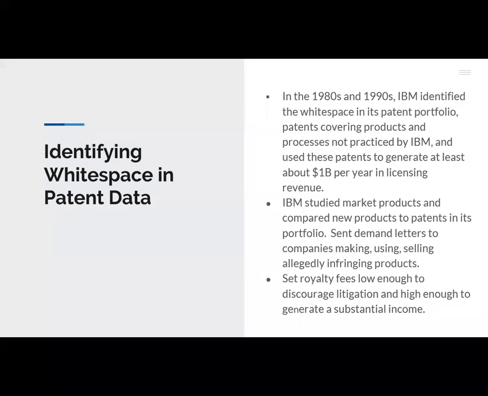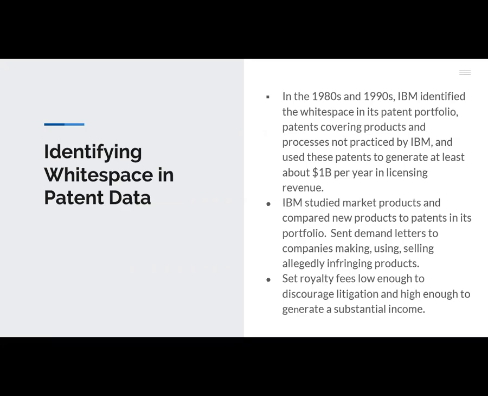In the 1980s and 90s, IBM identified the white space in its patent portfolio, which included patents covering products and processes not practiced by IBM. And they used these patents to generate at least about $1 billion in licensing revenue.